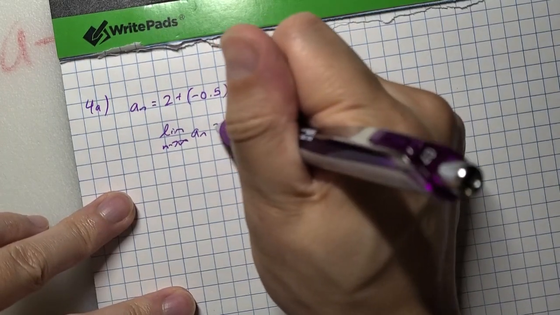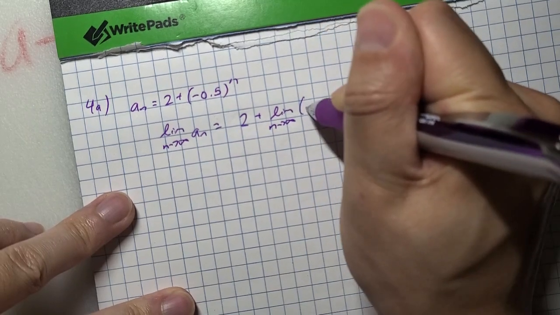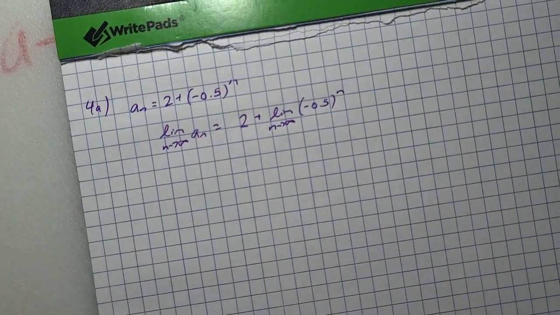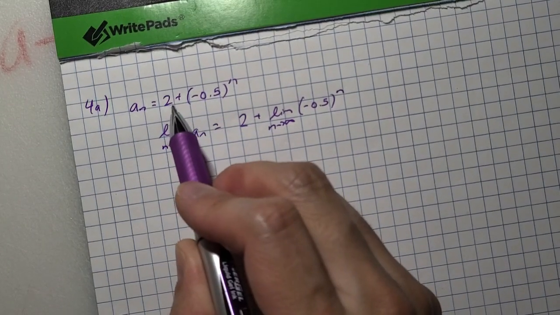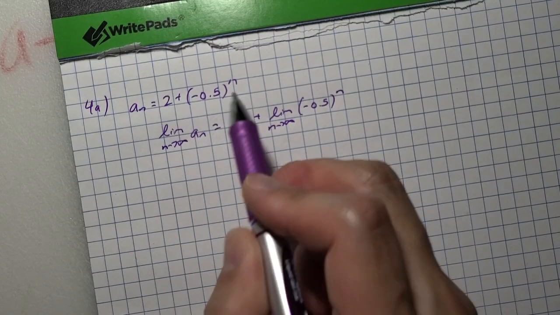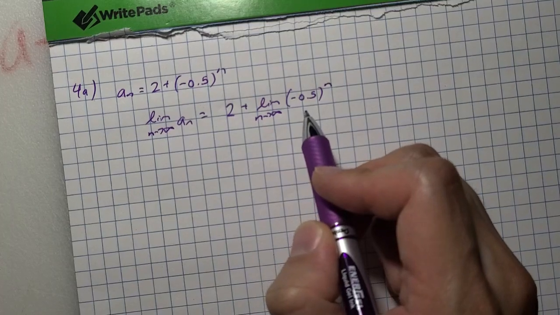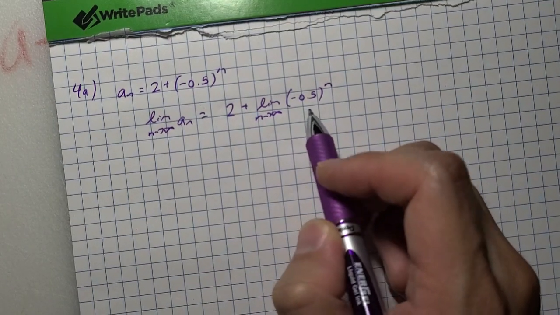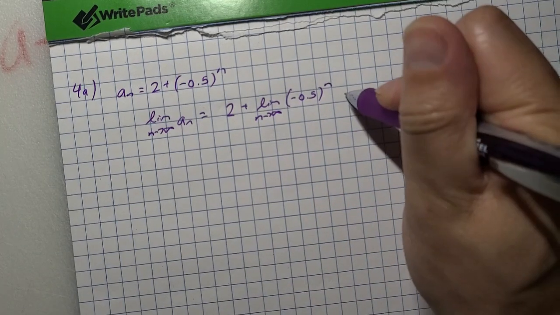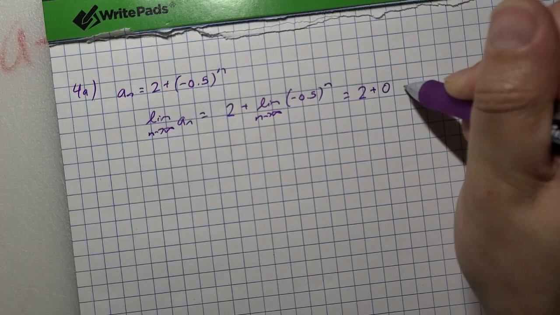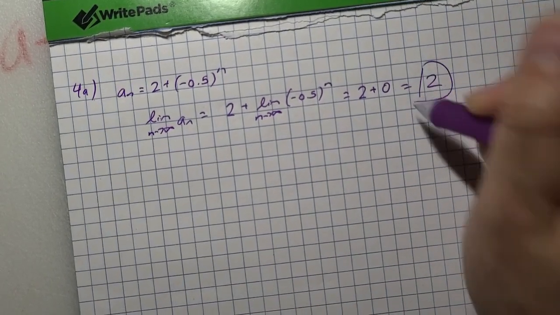We know this is 2 plus limit as n goes to infinity of minus 0.5 to the n. Limit of a constant is just a constant, so we already evaluated the limit of this guy. This guy, because its base is less than 1, we know converges to 0. So that'd be 2 plus 0, which is 2. So this sequence converges to 2.